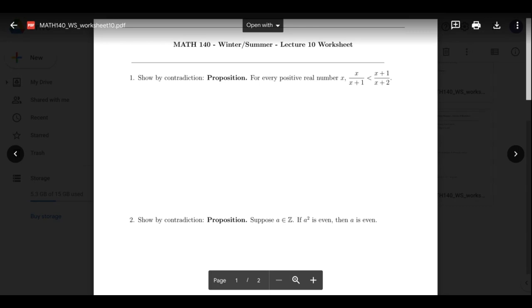In turn, the proposition must be true. No, Ishrat, we're not assuming x divided by x plus 1 is greater than or equal to x plus 1 divided by x plus 2. We negate the proposition.